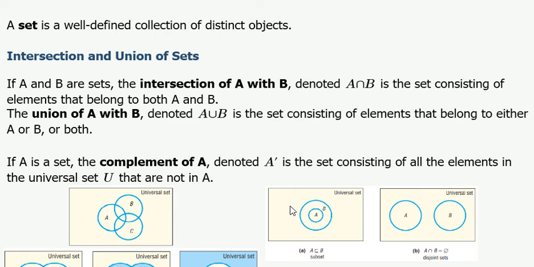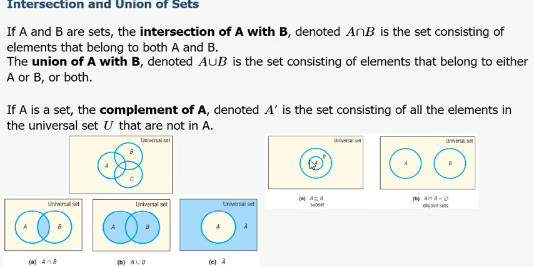If all the elements in B and A are the same, then A union B has the elements in A alone.